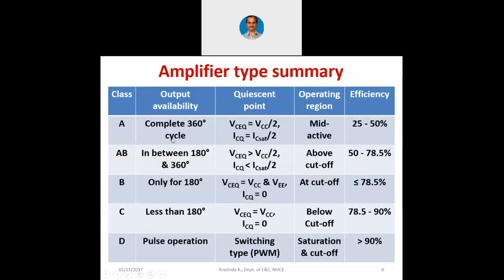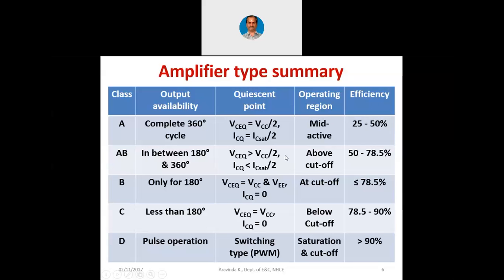So in case of class A, the quiescent point is VCEQ equal to VCC by 2 and ICQ equals IC sat by 2. And the operating region is the mid-active region, in the middle of the load line. I will discuss the last column later on. Now the quiescent point of class AB operation, VCEQ is greater than VCC by 2.